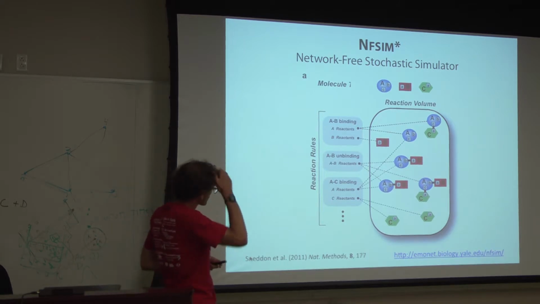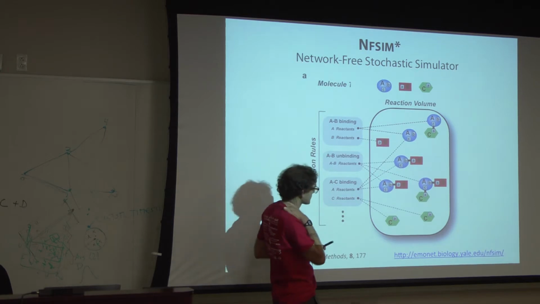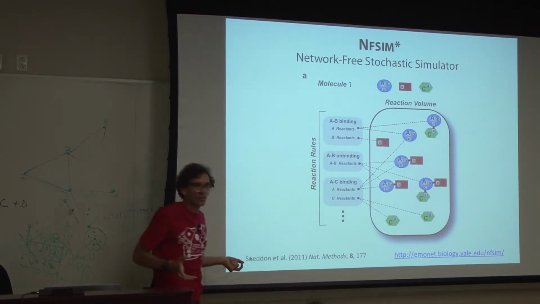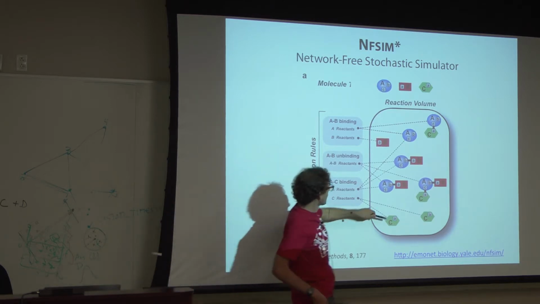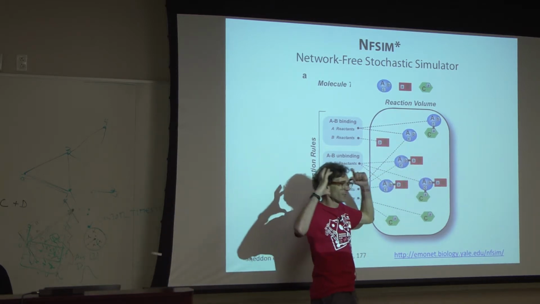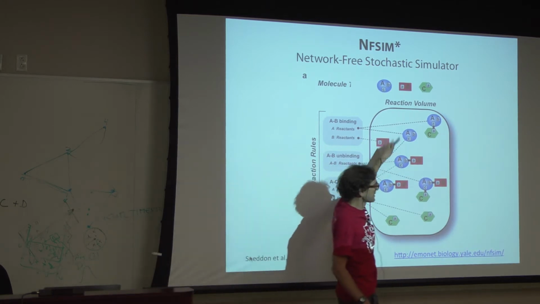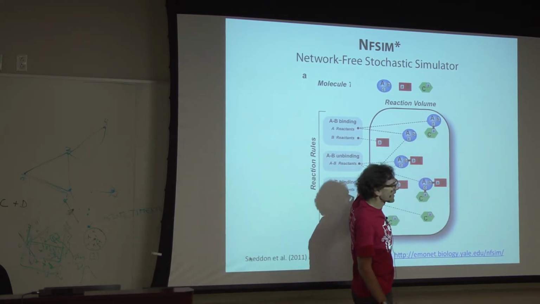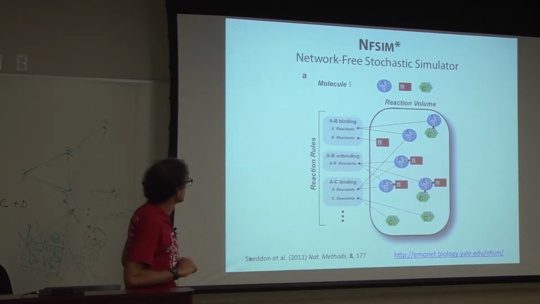The other way is what we call network-free simulation. The idea here is, instead of trying to generate all the possible species that you can get to, we just say, okay, stick the molecules in a box. This is kind of a virtual box, in the sense that if we have a well-mixed system, the location doesn't mean anything. We just have a bag of molecules. It's a well-mixed bag. We could think of it being shaken up.